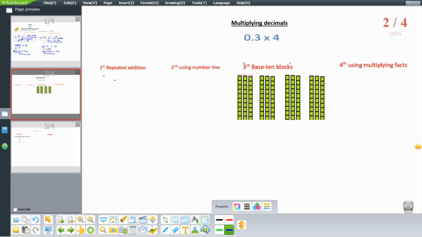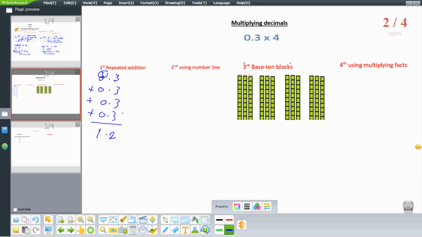So it will be 0.3 plus 0.3 plus 0.3 plus 0.3. Add 3 plus 3 plus 3 plus 3: 3 plus 3 is 6, plus 3 is 9, plus 3 is 12. Write 2 and carry 1, and we must put the decimal. So 1 plus 0 plus 0 plus 0 equals 1. So the answer will be 1.2.